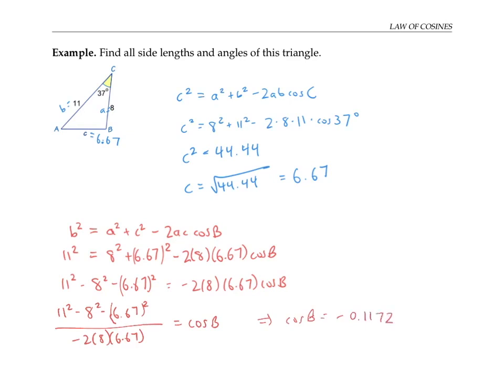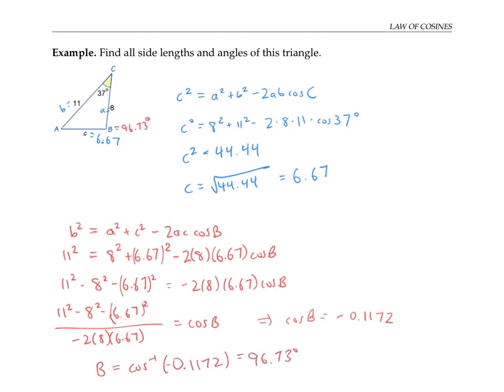The negative value of cosine indicates that my angle B must be greater than 90 degrees, which agrees with the picture. Next, I can take cosine inverse of both sides to get that B is equal to cosine inverse of negative 0.1172, which works out to 96.73 degrees.